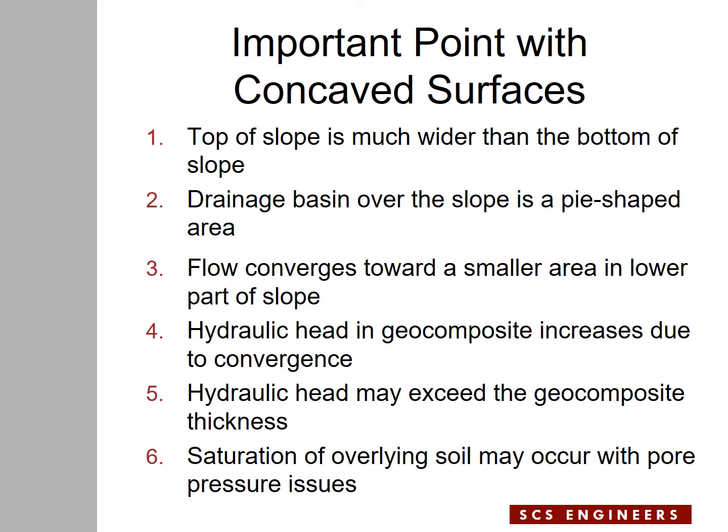If the hydraulic head in the composite exceeds the thickness of the composite, the water starts coming out of the composite, going into the soil layer above the composite. That causes saturation in the overlying soil, as well as creates pore pressure in the soil layer above the composite, which is a major issue from a stability and design point on such surfaces.